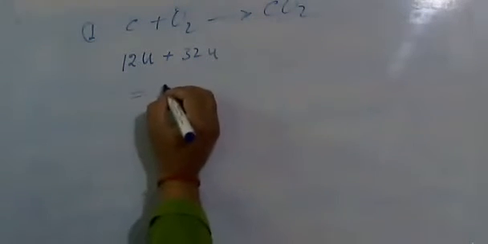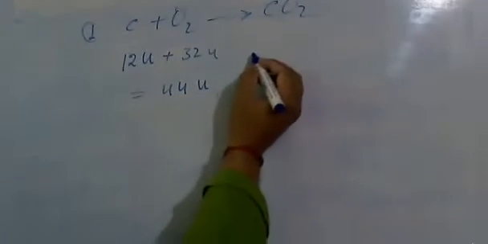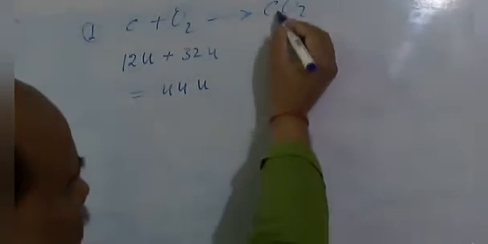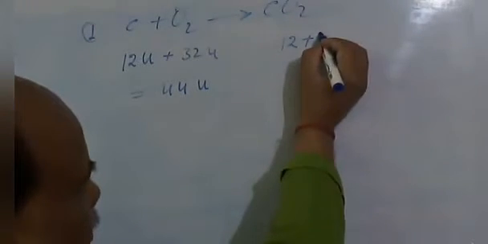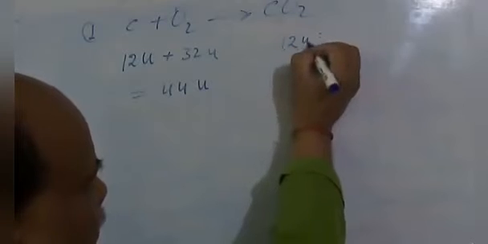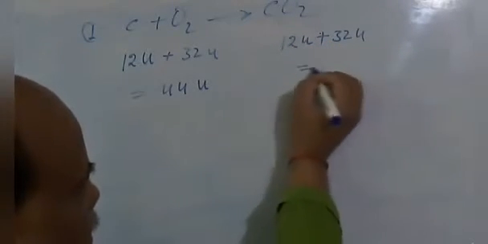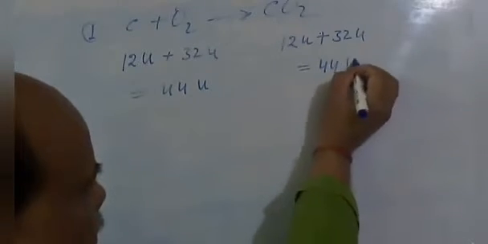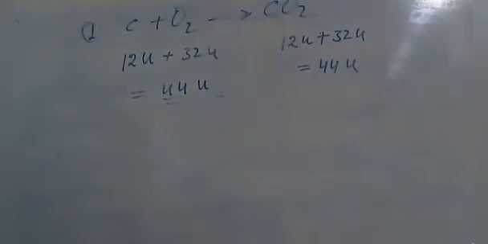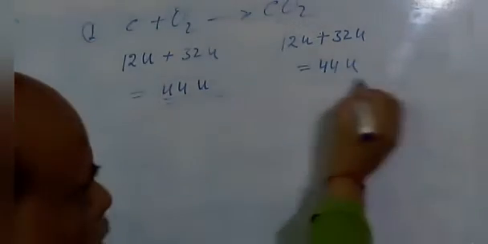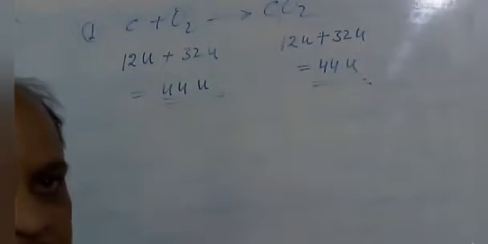It will become 44 units. So 12 units plus 32 units equals 44 units. Here the total mass of the reactants is equal to the total mass of the product. Mass can neither be created nor be destroyed.